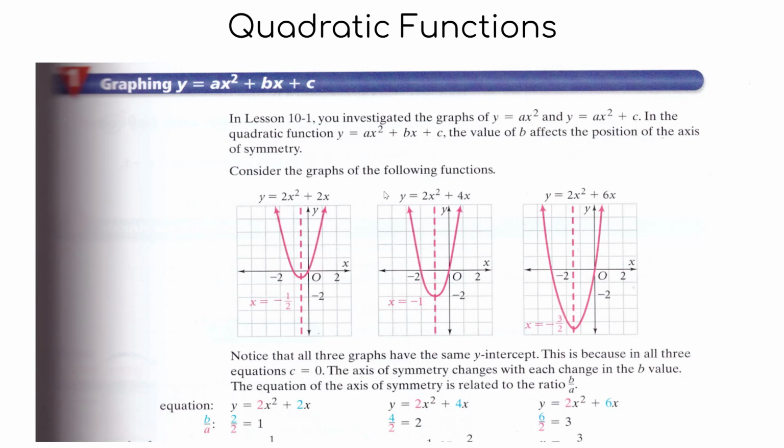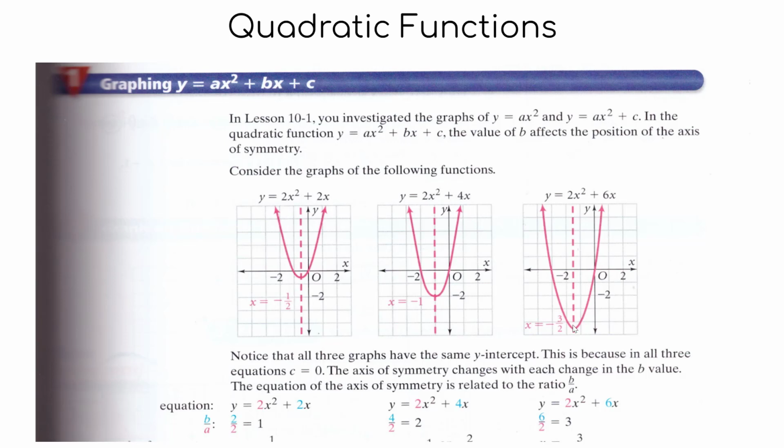And let's go ahead and give an a value of 2, and then let's just adjust the b value here and see what happens. So we're going to increase the b value from 2 to 4 to 6, and as we do that, we watch the vertex go down and to the left, down and to the left, down and to the left.